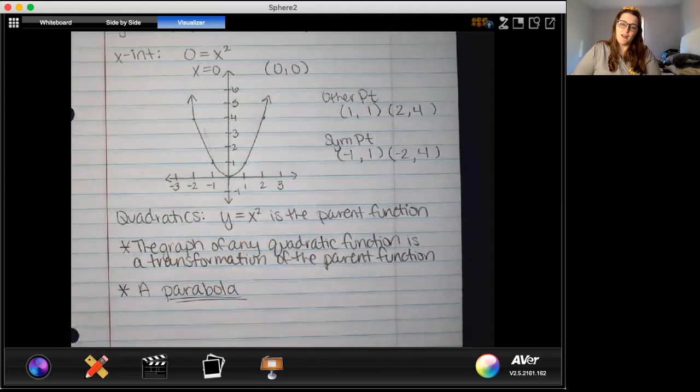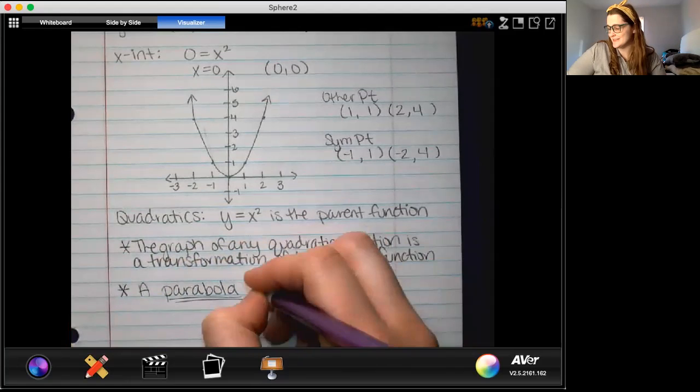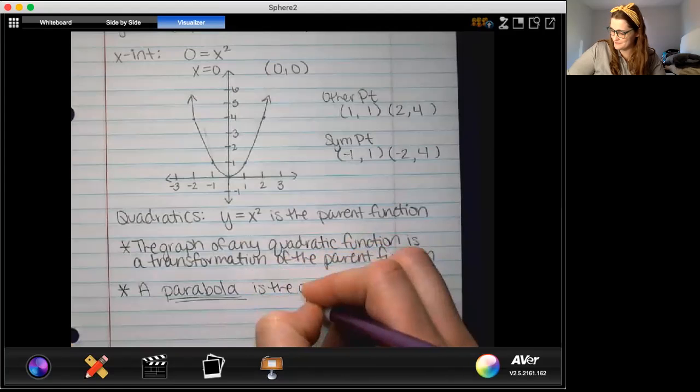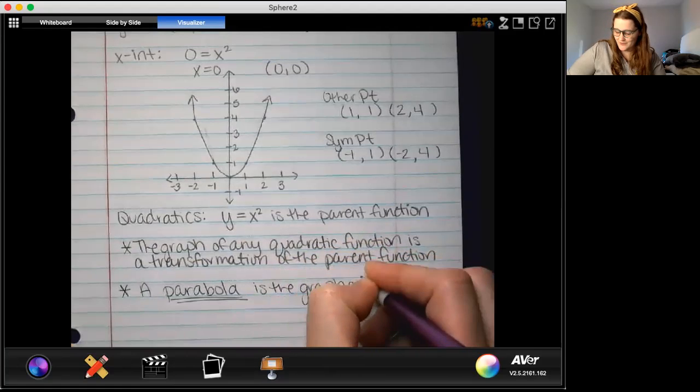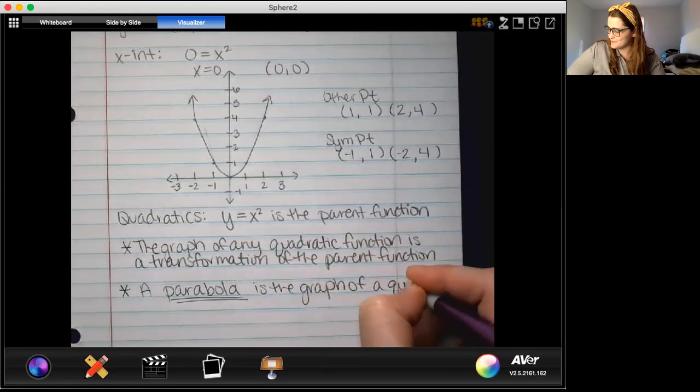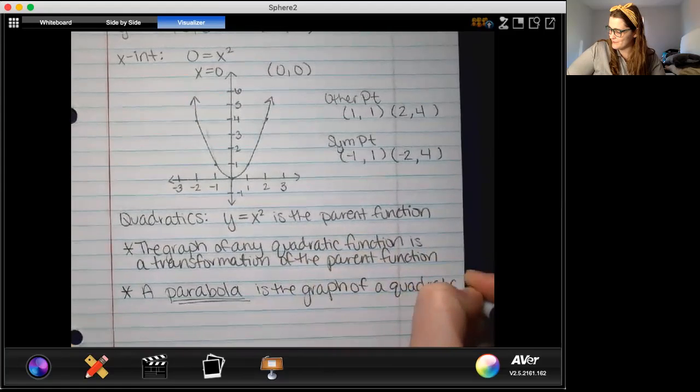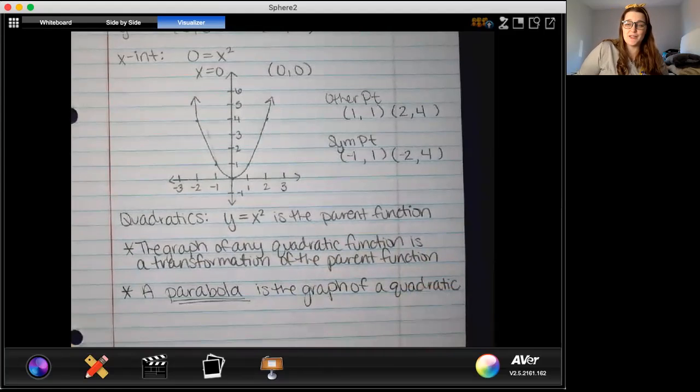So a parabola is the graph of a quadratic. Kind of like when we name a linear graph a line. These names just don't match up as nicely as linear and line. So quadratic is a parabola.